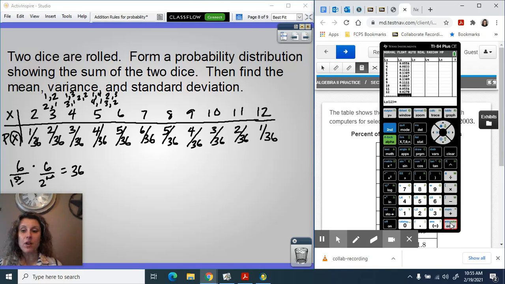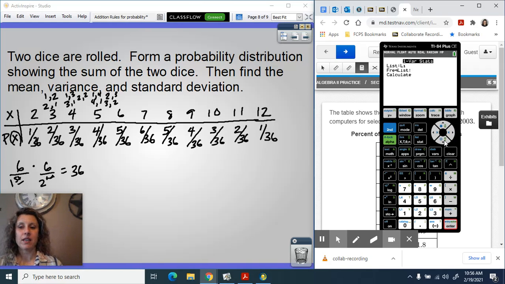Okay, the steps are going to be familiar. We're going to go to Stat, over to Calc, and it's still that very first one, 1-Var Stats. We do have 2 lists, so we need to tell the calculator that we're using the X list, list 1, and the frequency list, or probabilities, are in list 2. And we're going to calculate.